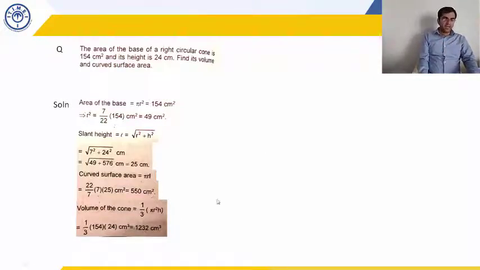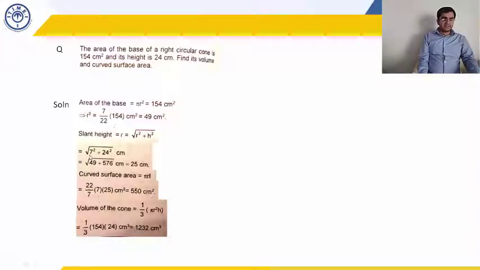Now let's see. We need pi r L. So first we find out pi r square equal to 154. That means r square is 49. Now slant height L square is equal to h square plus r square, where r square is 49 and h is 24.